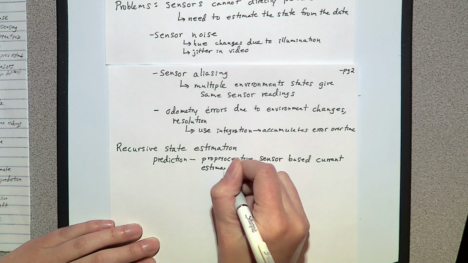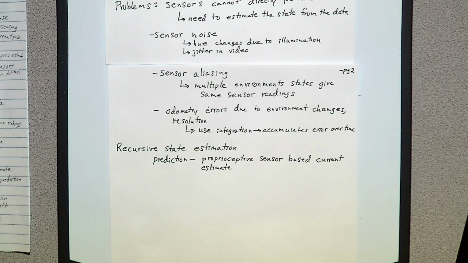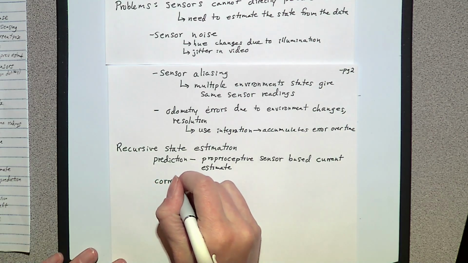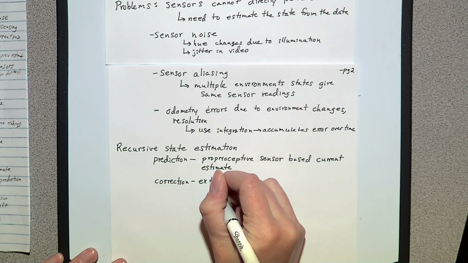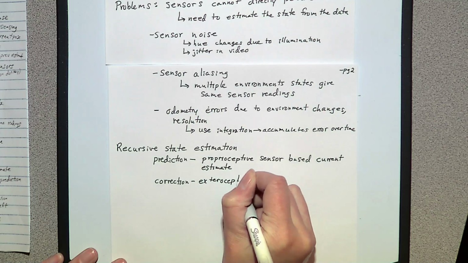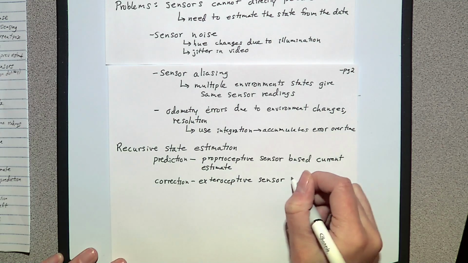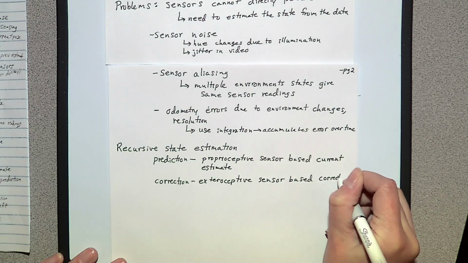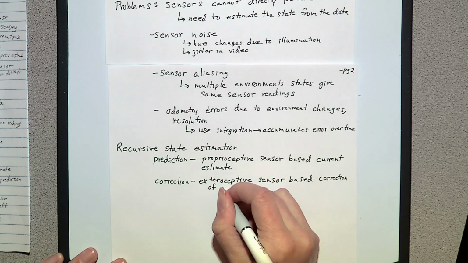So basically we use our odometry and our bearing sensor to give a sort of prediction of what we think our state is. And then, based on that estimate, we do a correction. So this is where we use those external sensors to do some kind of correction of our prediction.